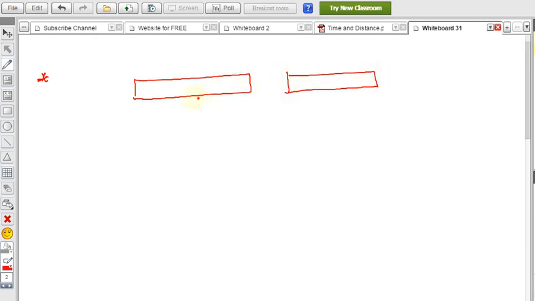This is train A and this is train B. Train A is coming in this direction and train B is going in the same direction.